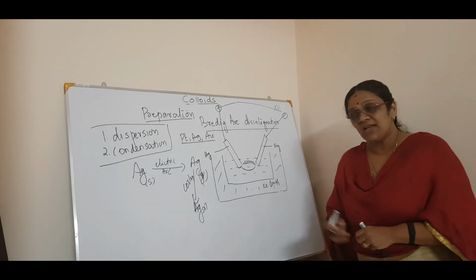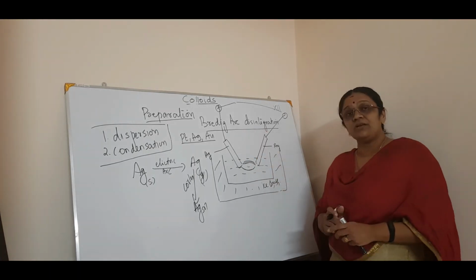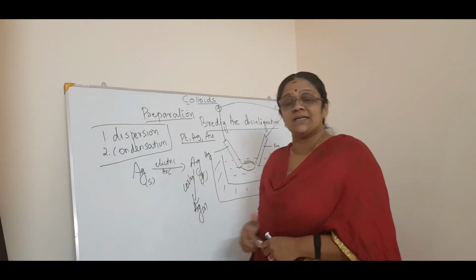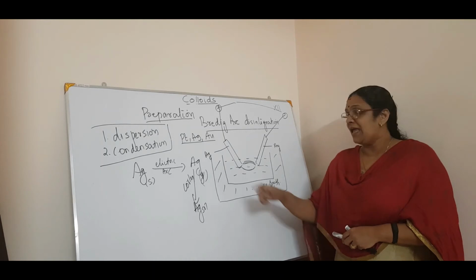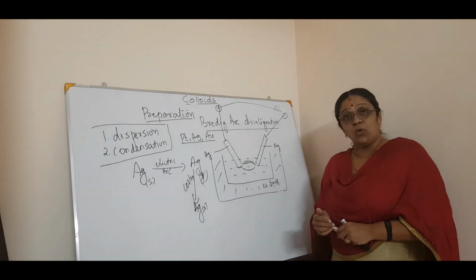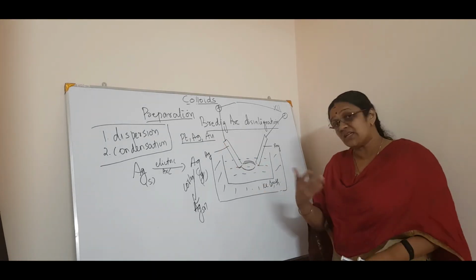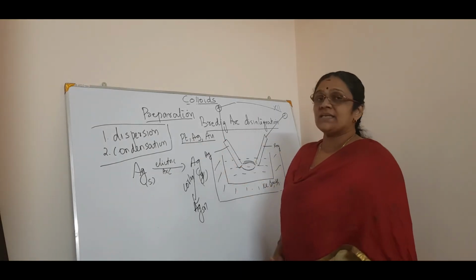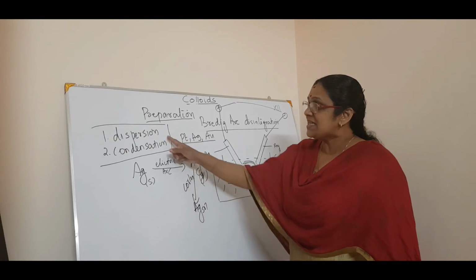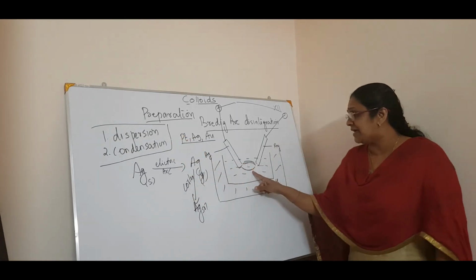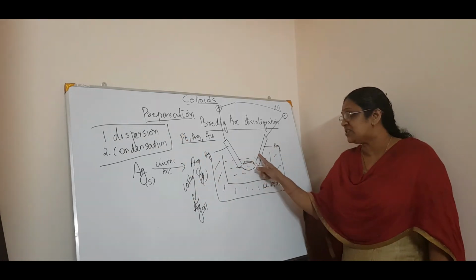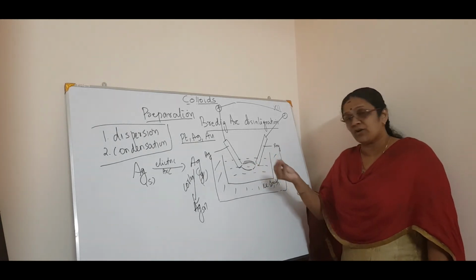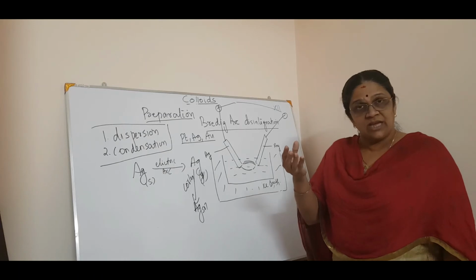Understood? So this is Bredig's arc disintegration method. The two main points are that both dispersion as well as condensation happen here, and it is mainly made for noble metal salts like silver salt, gold salt or platinum salt. Why do we say dispersion happens? Because due to the electric arc struck between these two electrodes, a small part of the metal will vaporize into the gaseous phase.